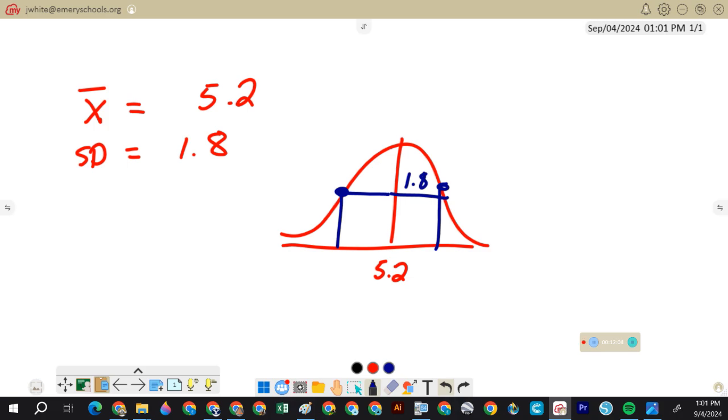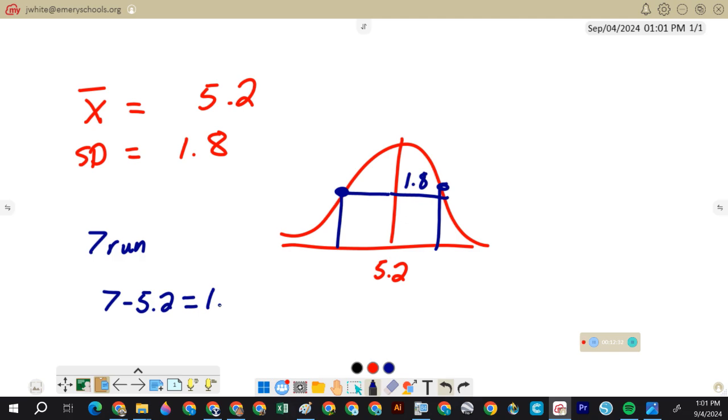So if your team scores 7 runs one day, how does that compare to all of the scores from last year? It's above average. Is it a long way above average? Well, we need to calculate the z-score. So 7 minus 5.2 is 1.8.